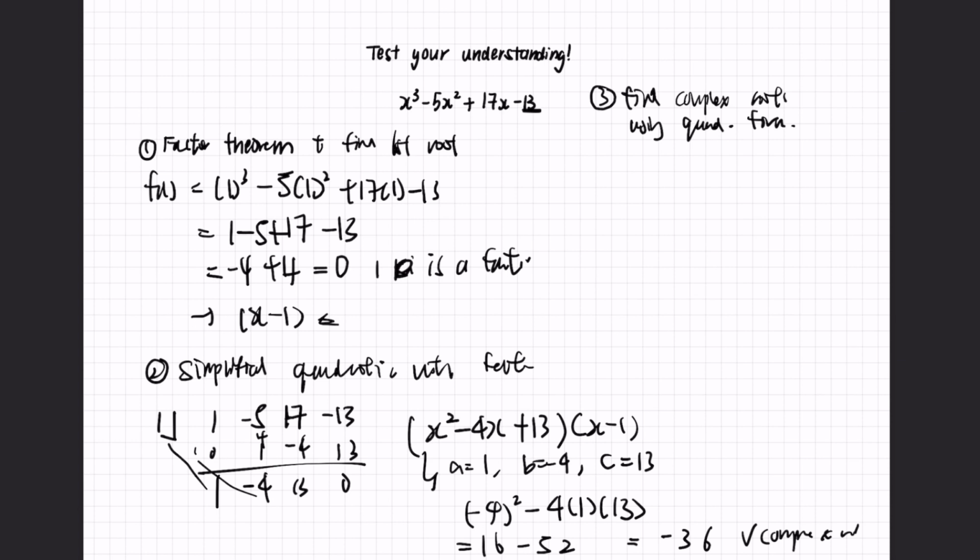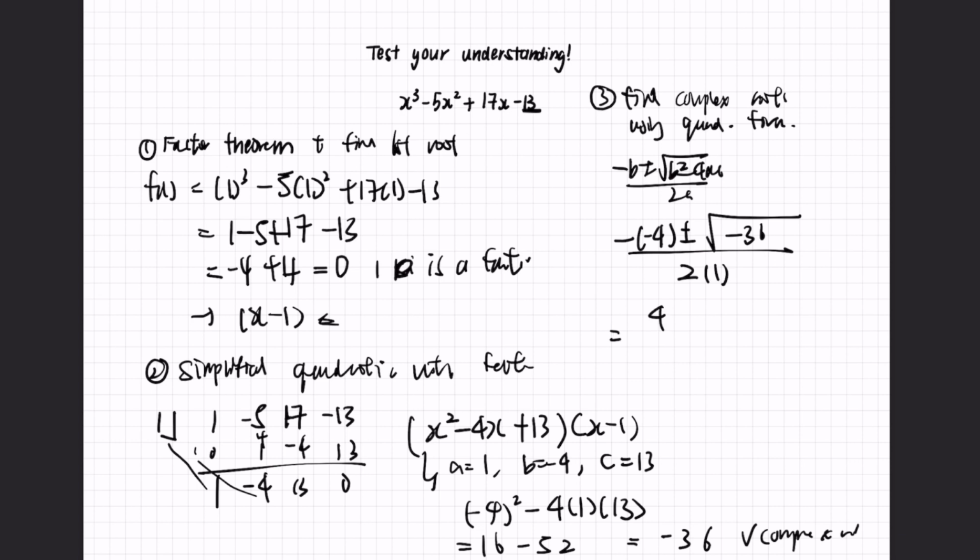So negative b plus minus the square root of b squared minus 4ac, negative b minus the square root of 36, divided by 2a, gives 36 over 2, plus minus 6i over 2, plus minus 3i is one of the roots.